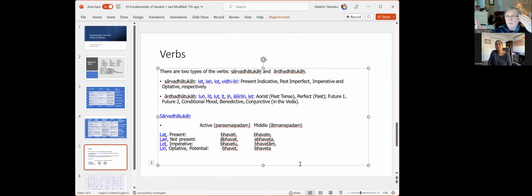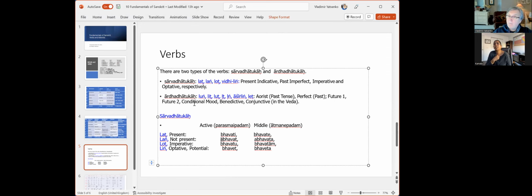This is the limited number of things we need for the language to function, and this would be enough, actually. There are more which make Sanskrit a very difficult language, and these are Ardhadhatukas, because Sanskrit lived a long time, thousands of years, and developed many different forms. These forms we will look into briefly because they are not so important for us for now.